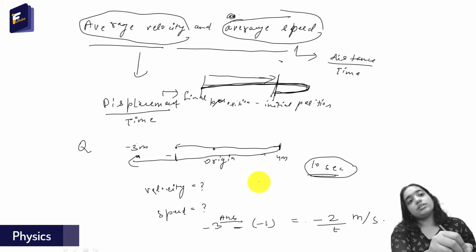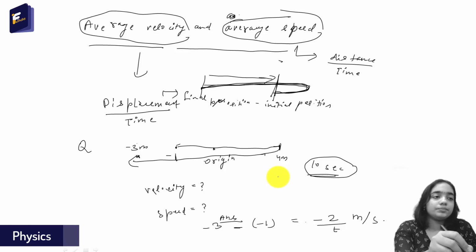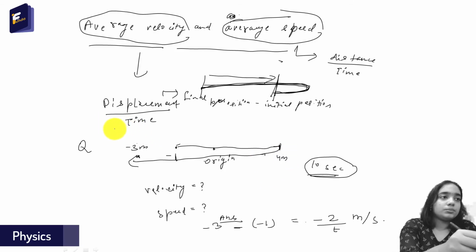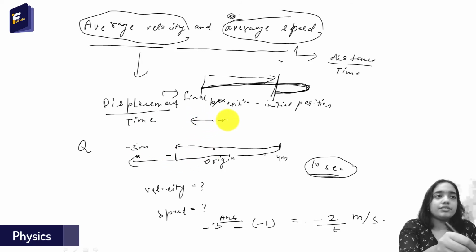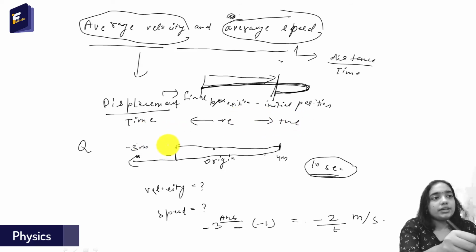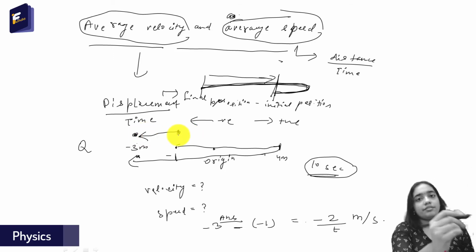What is the significance of this minus sign given here? The minus sign means we have taken the left side as the negative direction and this as the positive direction. You can see that the particle was initially here, and finally it was here. So the displacement is in the left direction, which is the negative direction.